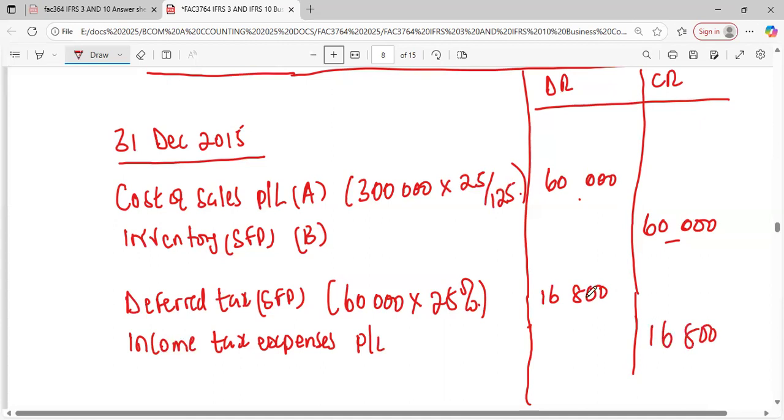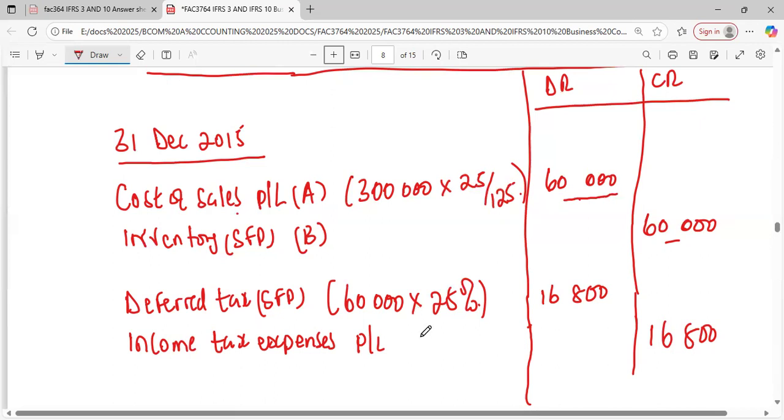So what you do here is, if you are now consolidating, why I say you should understand the journal. If you are now going to do your consolidated statement of profit and loss, it means this 60,000, you are going to add it to your cost of sale so that you can eliminate the profit.